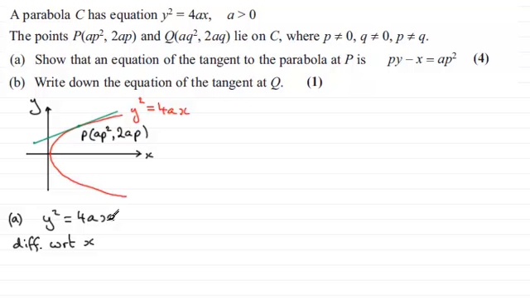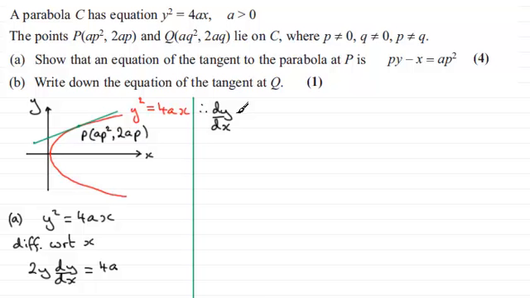Differentiating implicitly, we get 2y dy by dx equals, and differentiating 4ax with respect to x just gives us 4a. So therefore dy by dx would be equal to 4a divided by 2y, which is just going to give us 2a over y.